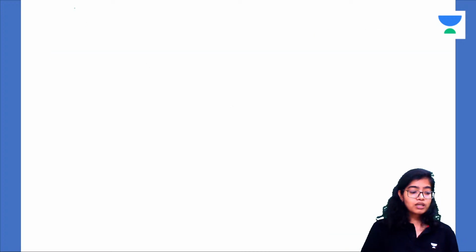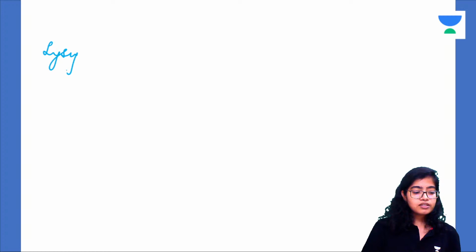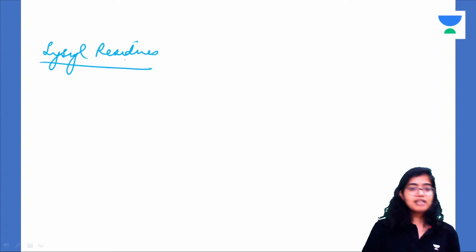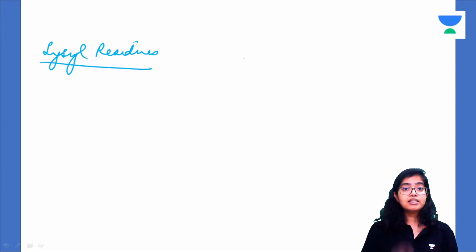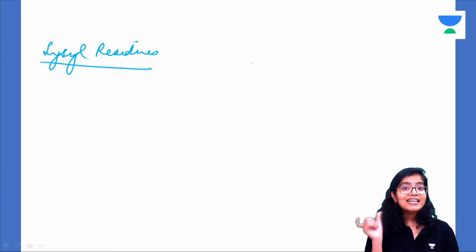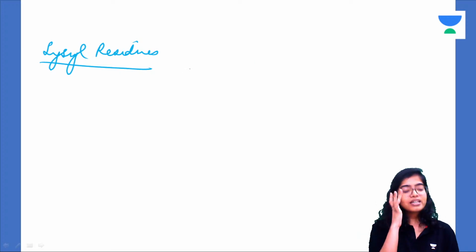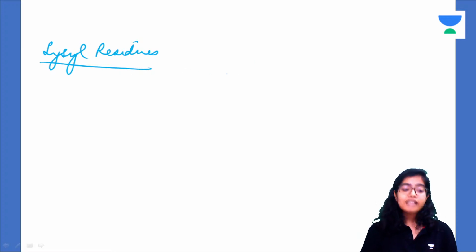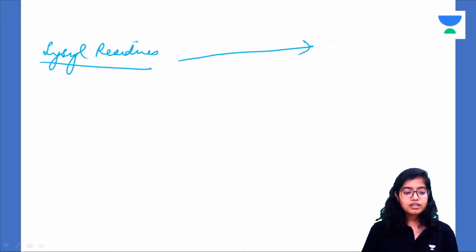And what are the other types of residues present in collagen? Lysyl residues, lysine and hydroxylysine. Lysine is an essential amino acid. Lysyl residues become hydroxylysine by hydroxylation.